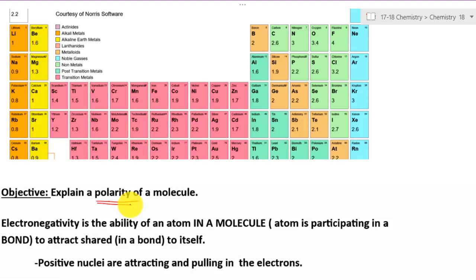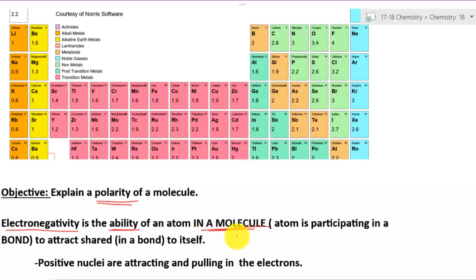First of all, before we talk about polarity, we need to realize that polarity is based on the electronegativity of an atom, or the atoms in the molecule. Basically, electronegativity is the ability of an atom in a molecule, okay? Keep that in mind.